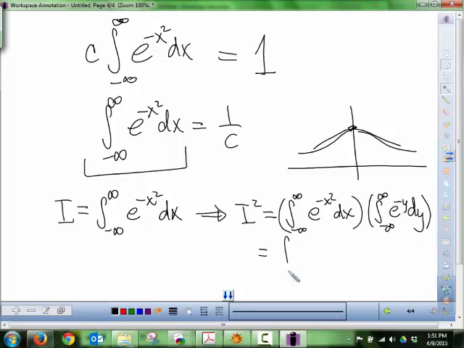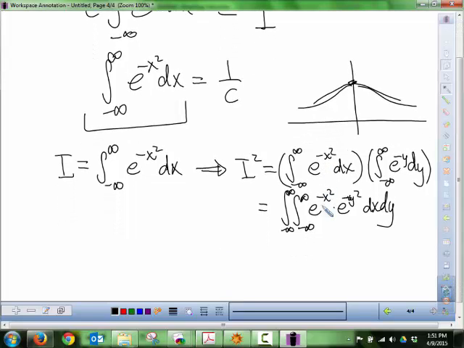So we have an integral of e to the minus x squared times e to the minus y squared dx dy, and dx goes from minus infinity to infinity. And the fact that these are constants, I mean, granted they're infinite, but they're still constants. You can think about them as constants. We can switch the order of integration. One's not dependent on the other and stuff like that.